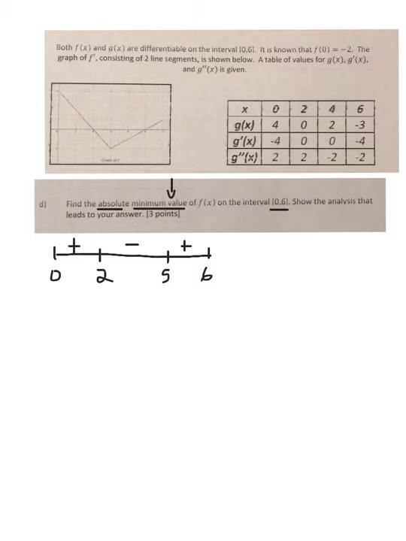So we're looking for a minimum. Well, I know I have a minimum right here at 5, which makes 6 a max. I know 2 is a max, so that means 0 has to be a min. Now, I want the absolute min, so I want to see which one is the absolute lowest. So I need to know what is f of 0.